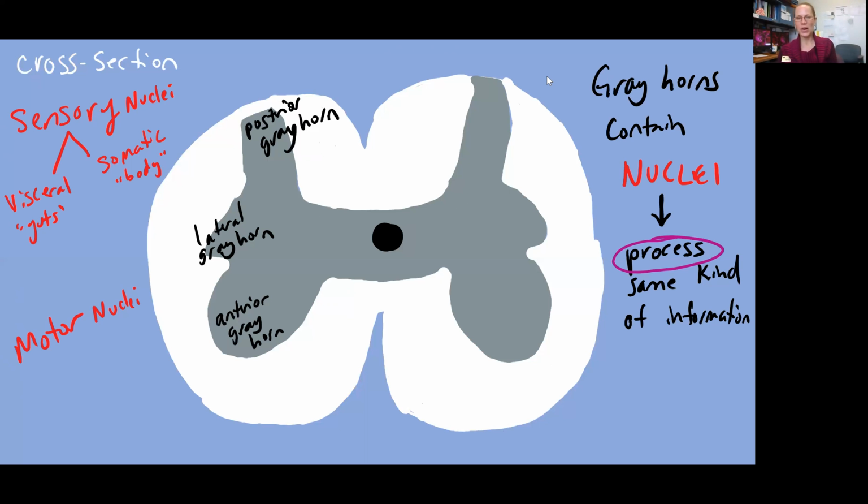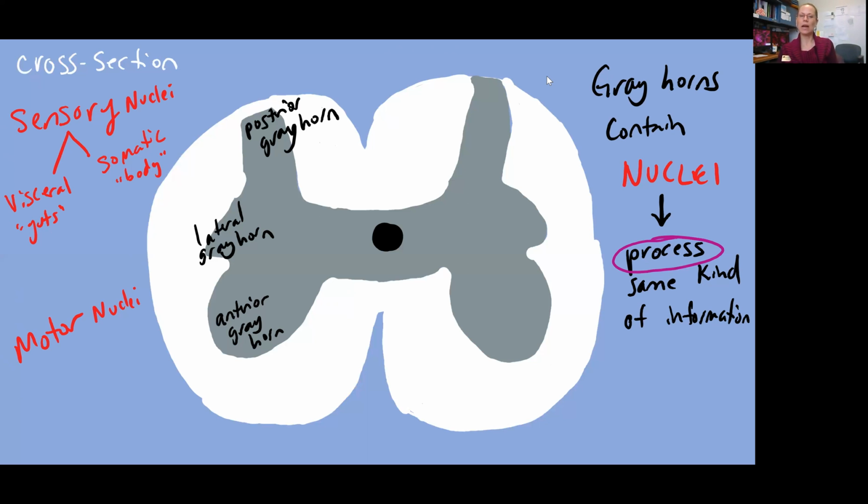So things about blood pressure and oxygen saturation and pH and movements in the digestive tract, that kind of stuff. Somatic sensory nuclei would be the things that you're consciously aware of. So this is information like touch and pressure and pain and temperature.